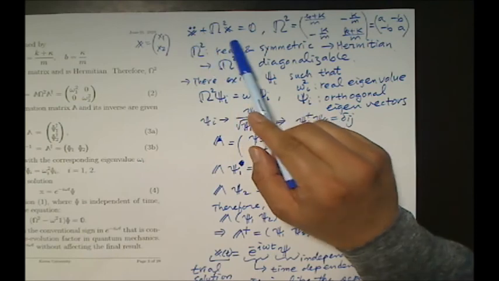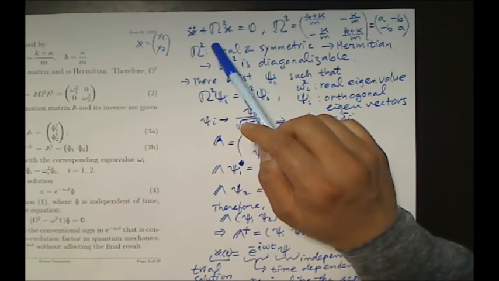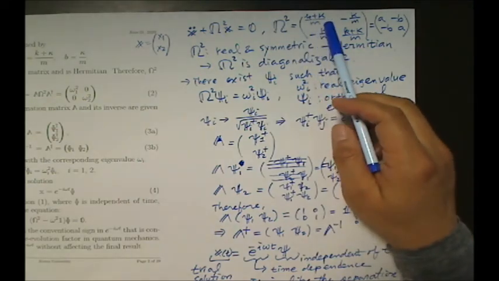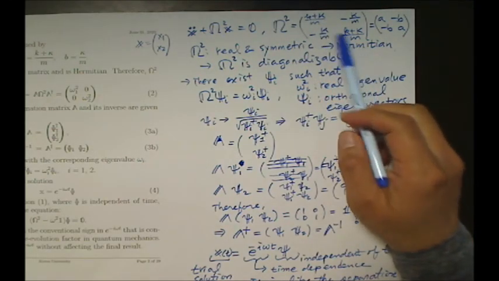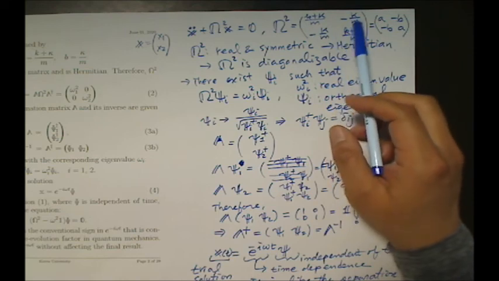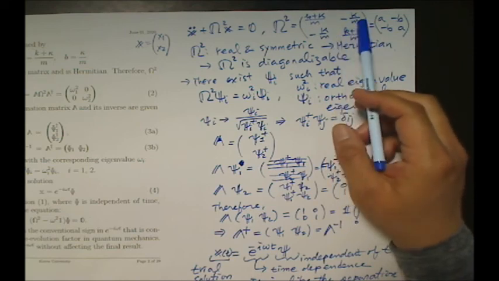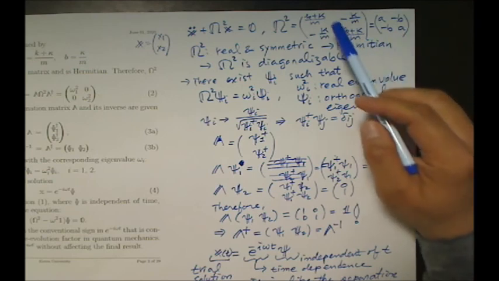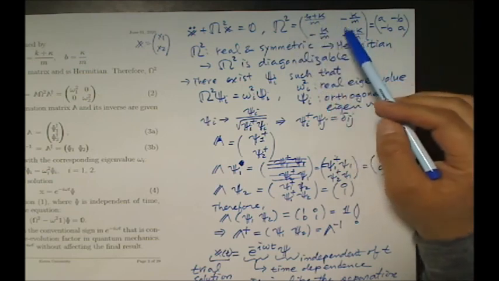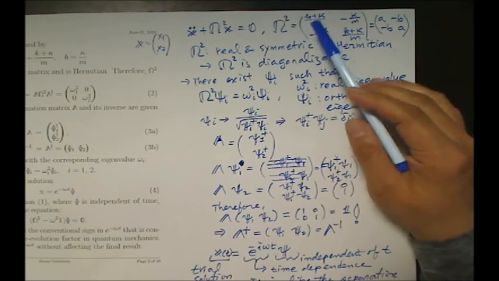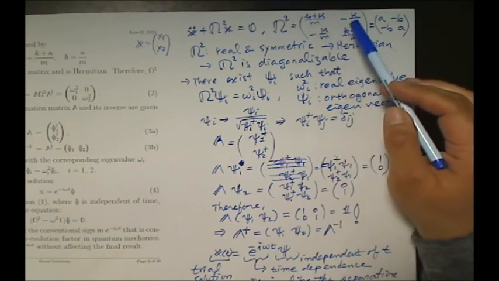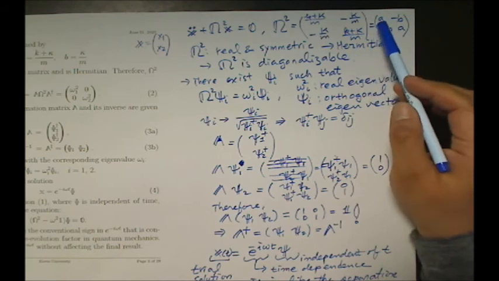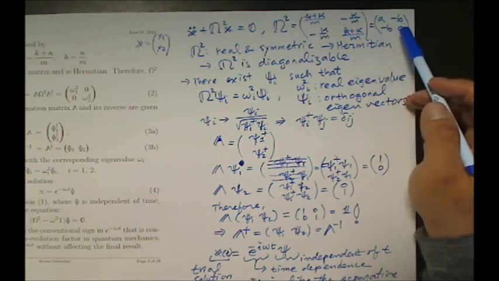This is the equation of motion that we want to solve, and omega squared was k plus kappa over m for the diagonal elements, and minus kappa over m for the off diagonal elements. This is real and symmetric, and to simplify this expression, we have substituted these coefficients in terms of a and b.